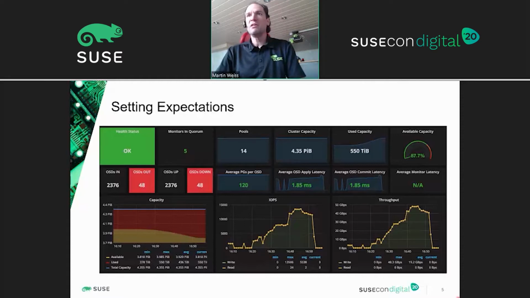So the system you see here is basically a 104 node cluster. And in this graph, you can see that we have done performance testing. Especially when you look at the throughput chart, you can see that we have achieved 50 gigabytes per second while testing against this cluster.